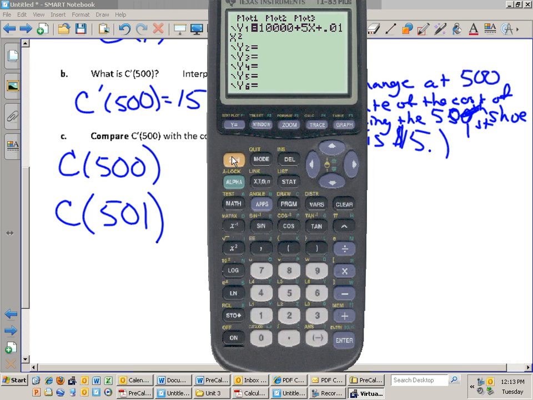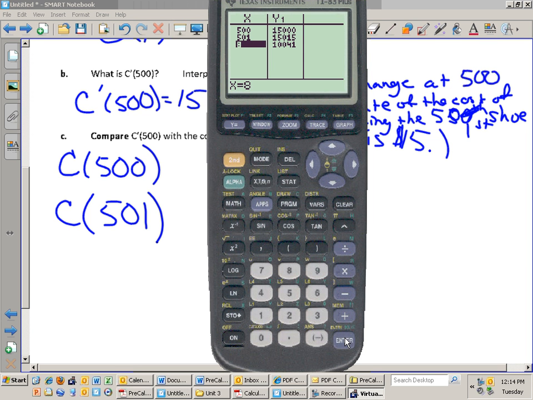And if I go to my table and I say, what is the cost of producing number 500? It's 15,000. What's the cost of producing 501? It's 15,015. I'm getting your question right now.